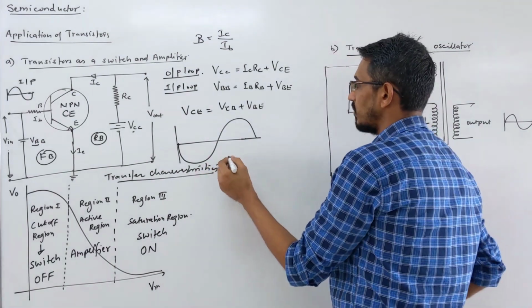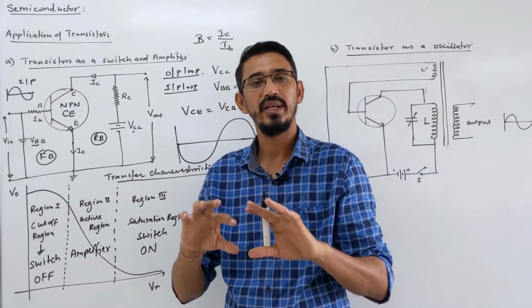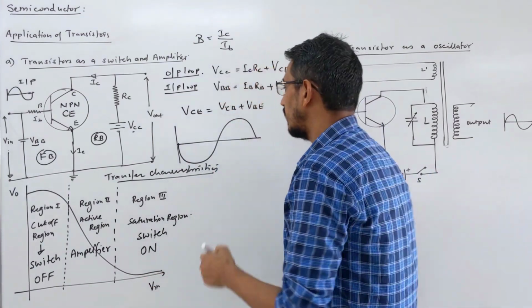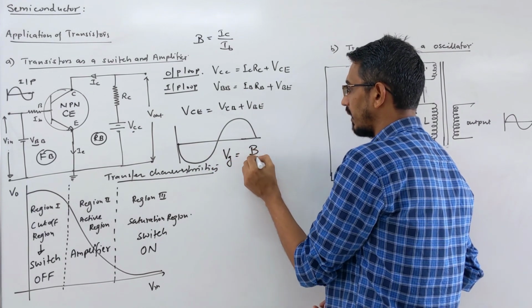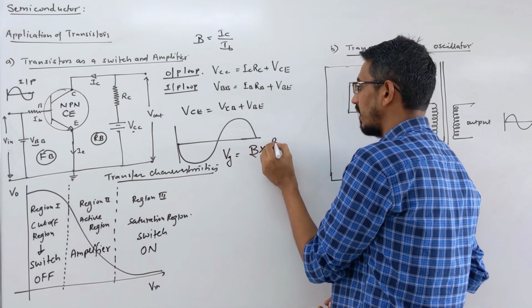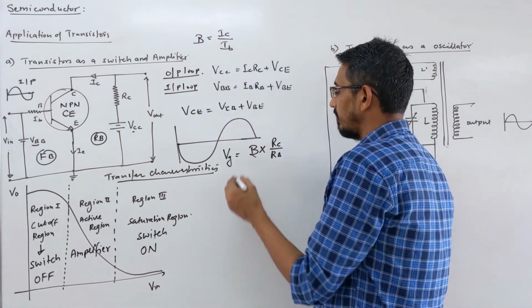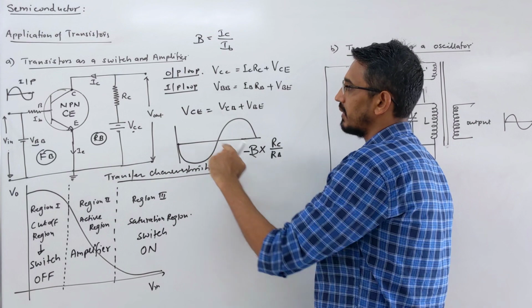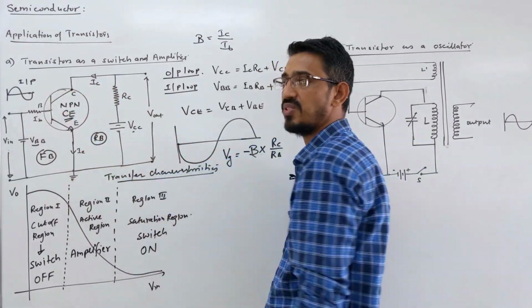Suppose somebody asks you for the voltage gain. I told you how to write it as output voltage by input voltage. You can also write it in terms of current and resistance. Generally the voltage gain is equal to the current gain, beta, into the resistance gain, RC by RB. People put a negative sign to represent the phase difference of 180 degrees for a common emitter transistor.